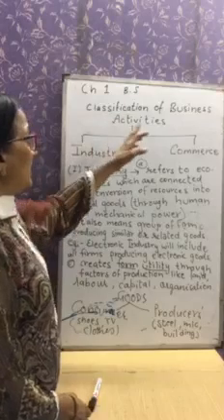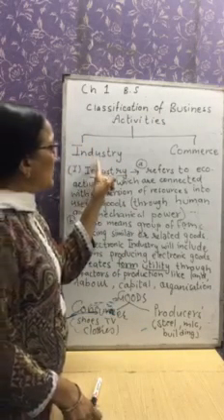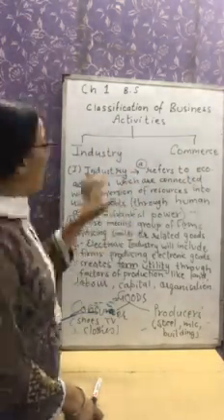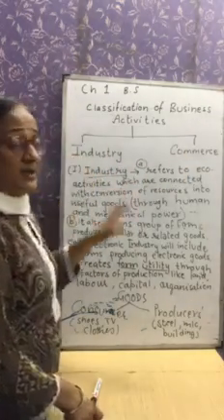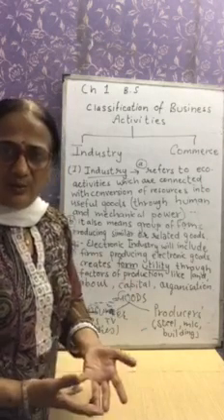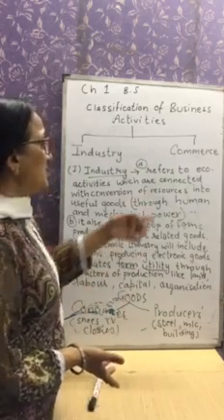Now let us come again to our business. Business basically includes two type of activity: industry and commerce. Okay, industry is basically concerned with conversion of resources into something of value, useful to the ultimate consumers.